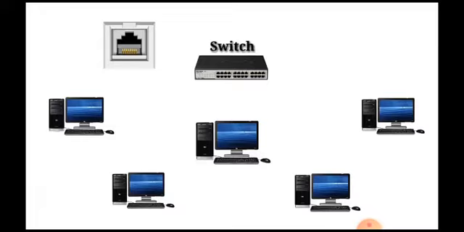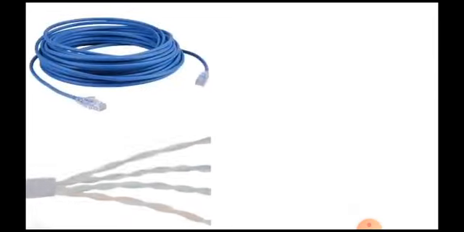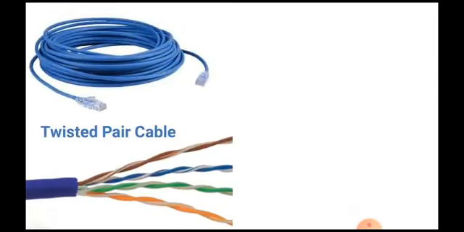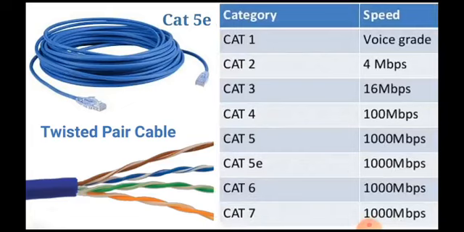In that situation, each and every computer is connected to the switch with the help of twisted pair cable. We already discussed what twisted pair cable is. It contains 8 wires, meaning 4 pairs are present in that cable. You can use any type or category of cable.